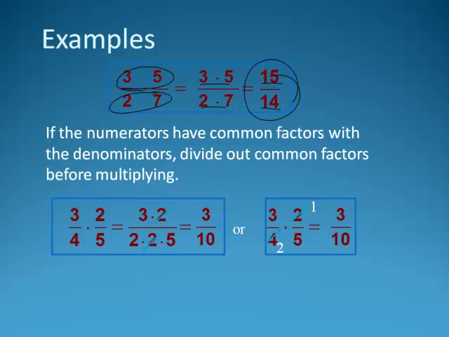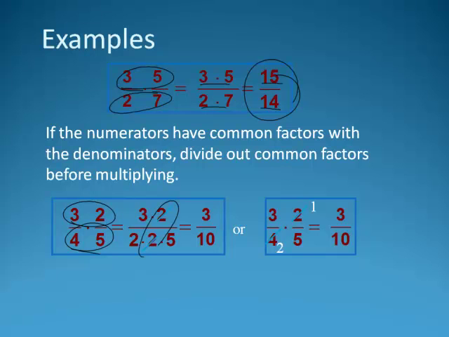If the numerators have common factors with the denominators, divide the common factors out before multiplying. Now this is a shortcut and one that is not necessary unless you want to do that. In this case, 3/4 times 2/5, again using the simple rule above, multiply your numerators, 3 times 2, multiply your denominators, 4 times 5, and this comes from when we talked about reducing using the prime factorization method.